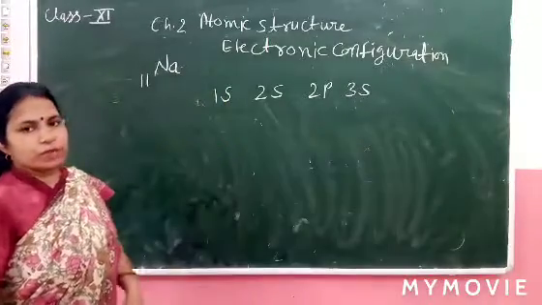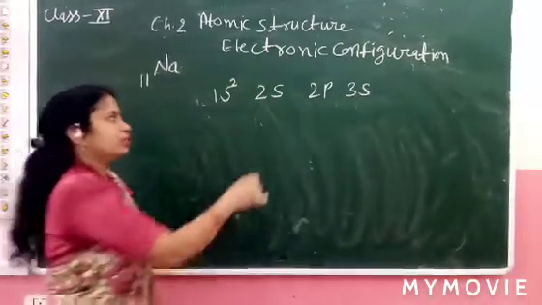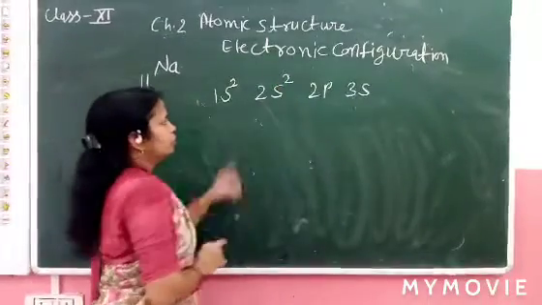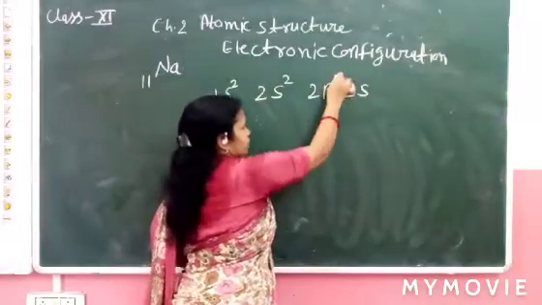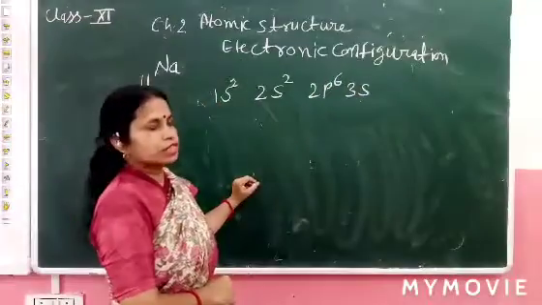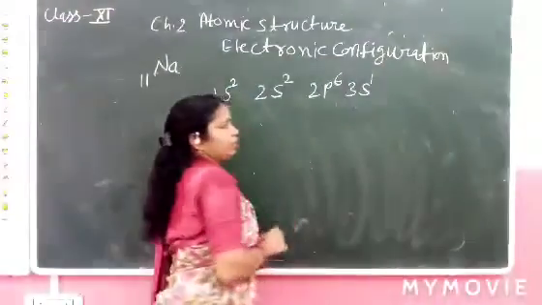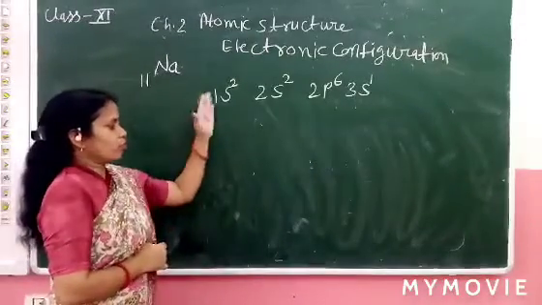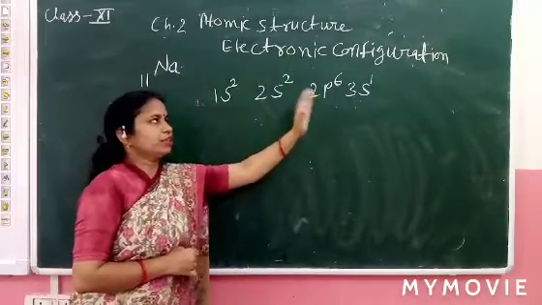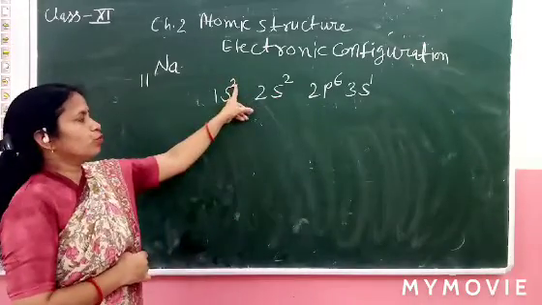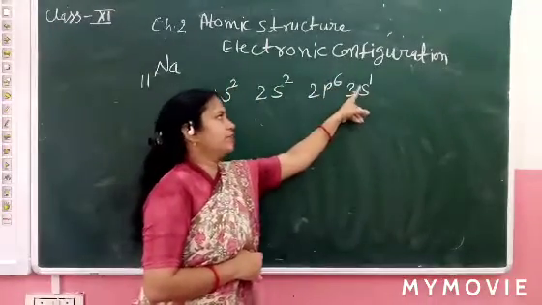How many electrons are possible there? 2, 2 and 2, 4, then maximum capacity 6, and 1 electron is entering the s orbital. 1s2, 2s2, 2p6, 3s1. Total 2, 2, 4, 6, 10 and 1, 11.